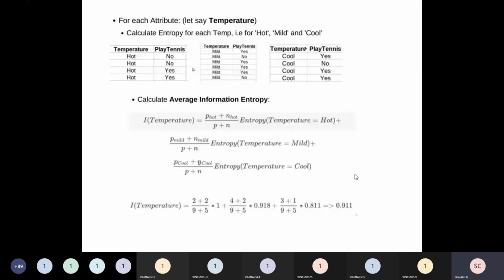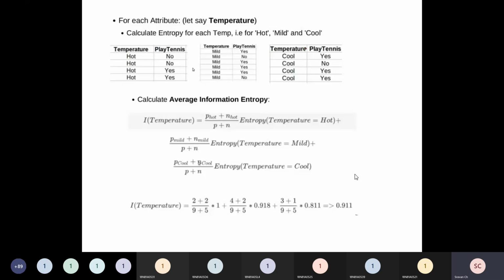Small p value is 4, n value is 2, total is 6. Put it in entropy formula, you will get the entropy. Similarly, for the third subset, I have 4 records. 3 are positive examples, 1 is negative example. Again, put it in entropy formula, you will get entropy for all 3 subsets also.